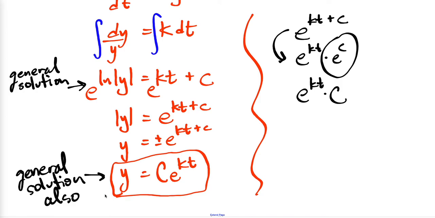I wanted to show this example first because this portion right there is going to be kind of frequent in your problems. You're going to have to know how to solve natural log of y because you run into it more than you'd expect. I mean, there's quite a few topics that involve it.